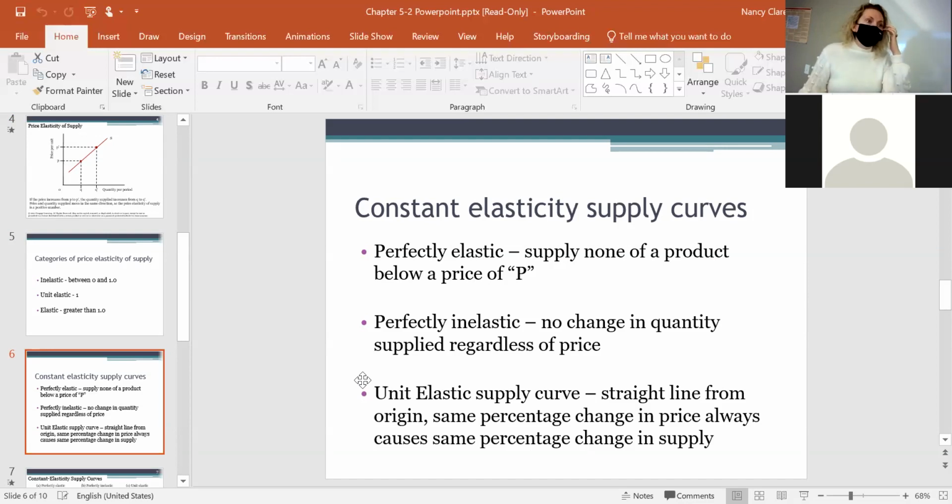This is very unrealistic. What would be an example of a good that supply would remain perfectly consistent regardless of the price that was offered? Any thoughts? Any thoughts at home?